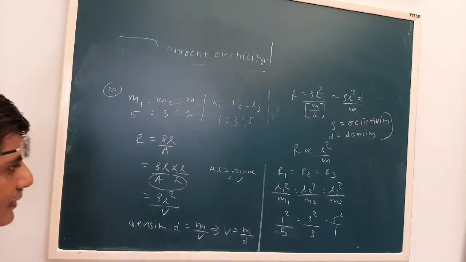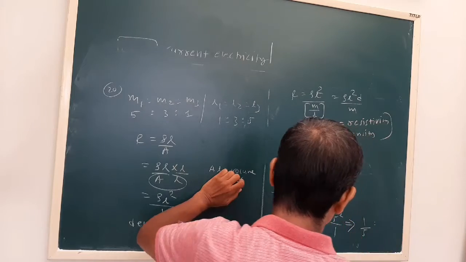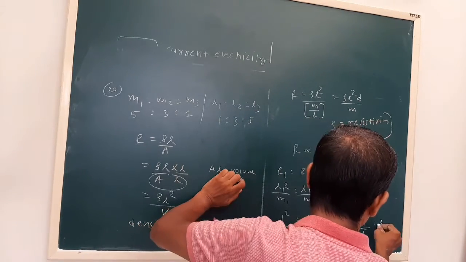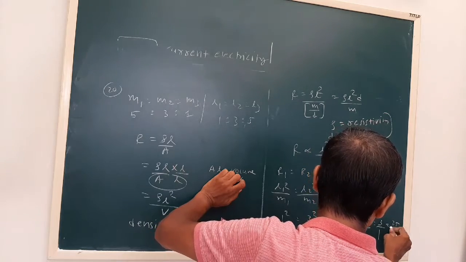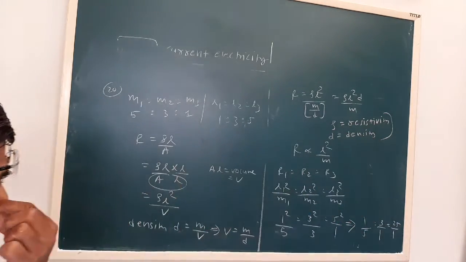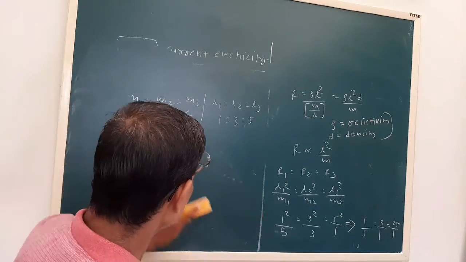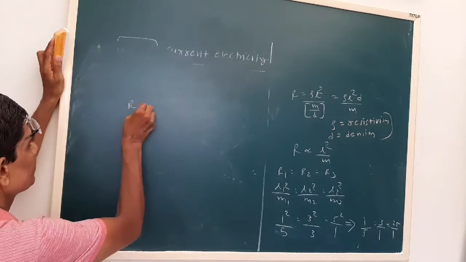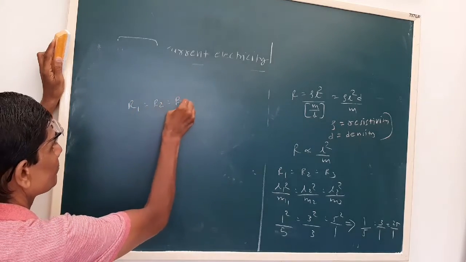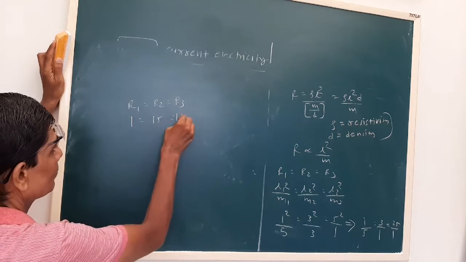Now we simplify 1 upon 5. See, this is 9 upon 3, that is 3. 3 upon 1, 5 square is 25. Now see here, 5 is our LCM. So it will be R1 is 1, R2 is 15, R3 is 1.